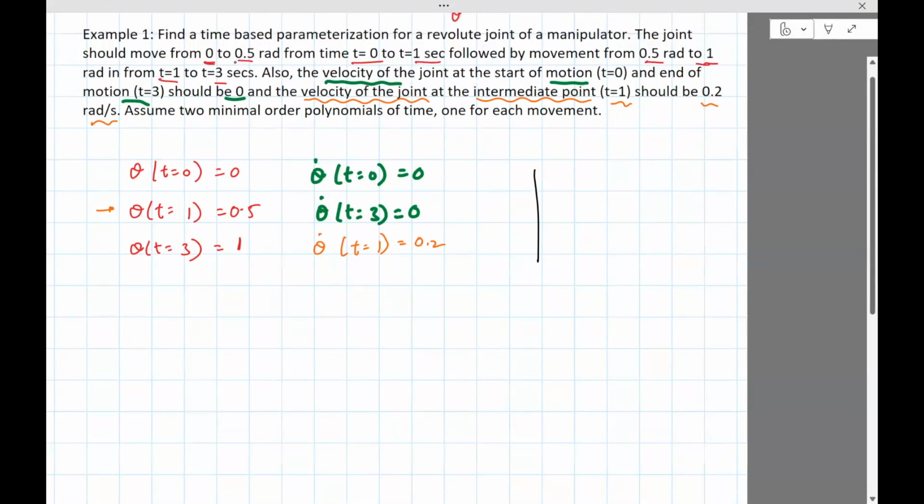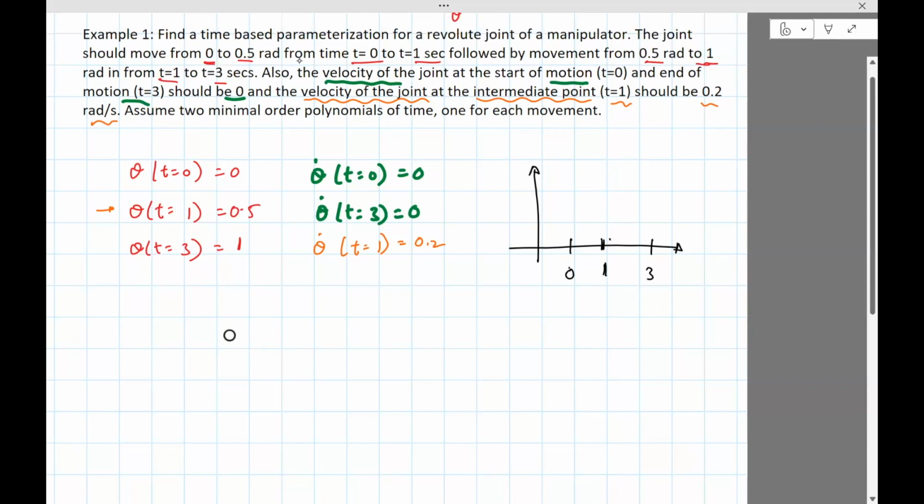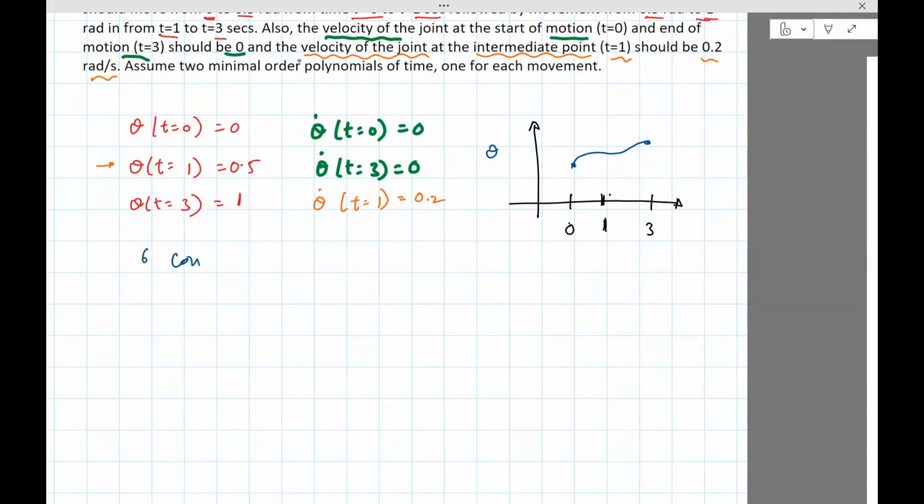Now you could do it in one of two ways. One way is, with t equals 0, t equals 3, and there's 1. What you could do is create a polynomial which shows the required behavior from 0 to 3, and I have 6 conditions.